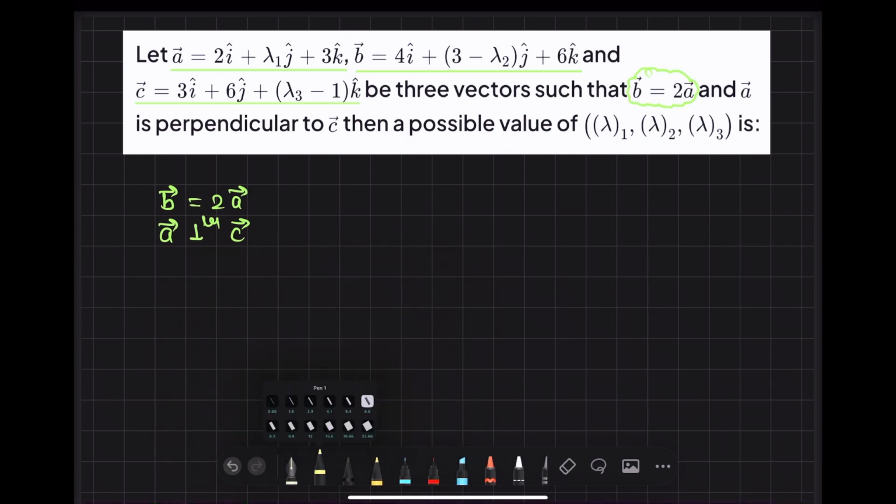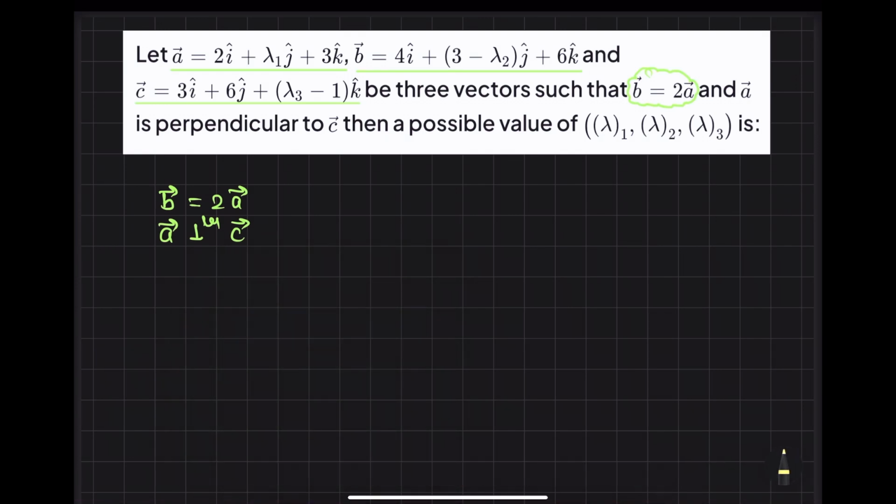Okay, let's try to calculate these things. So first we will write down the vector B. Vector B is 4i plus (3 minus lambda2)j plus 6k, which equals 2A, so again 4i plus 2 times lambda1 j plus 6k.